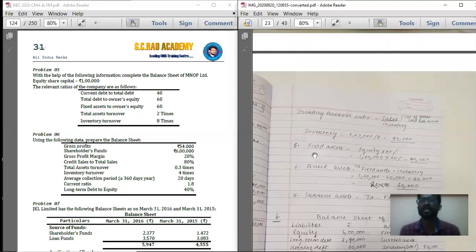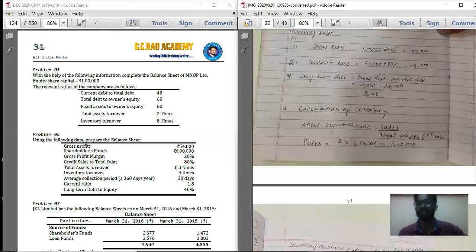So fixed assets is equal to equity into 60%, which is 1 lakh into 60%, equal to 60,000. So we have found fixed assets as 60,000 and inventory as 40,000.